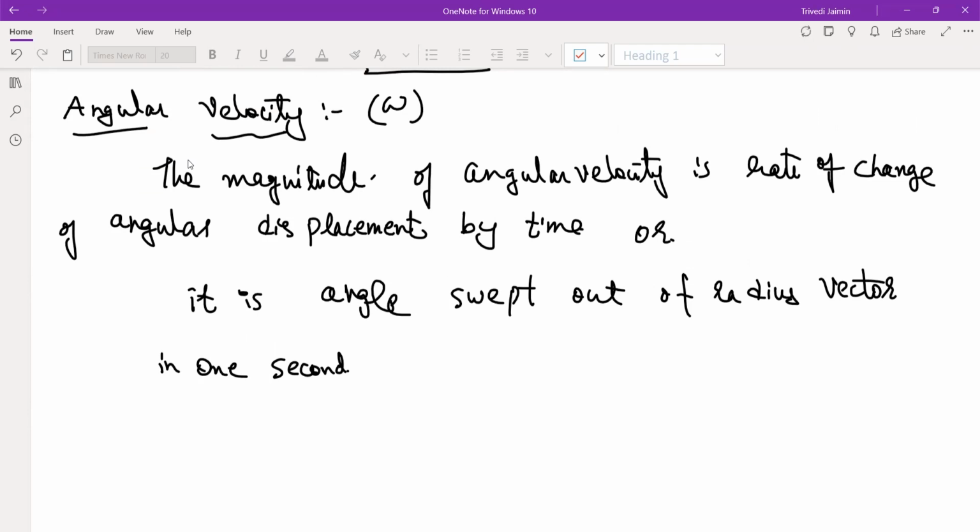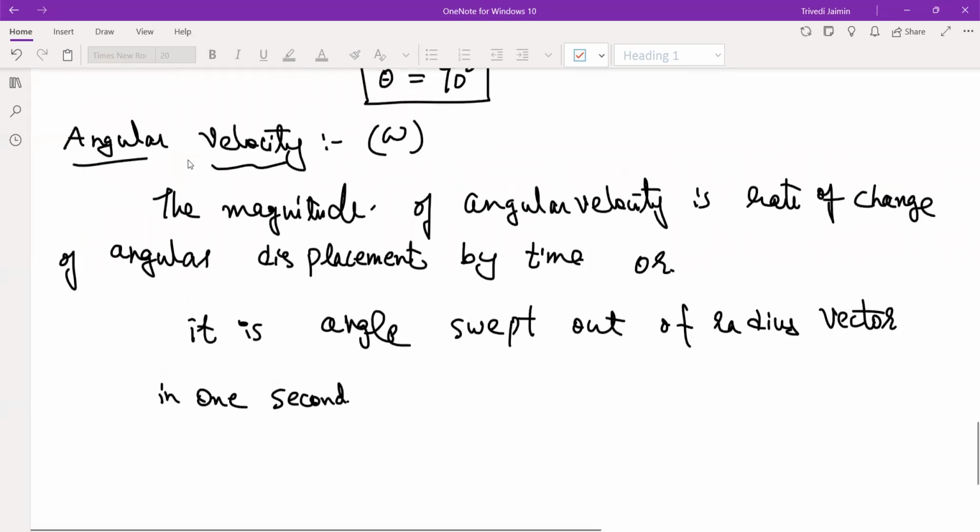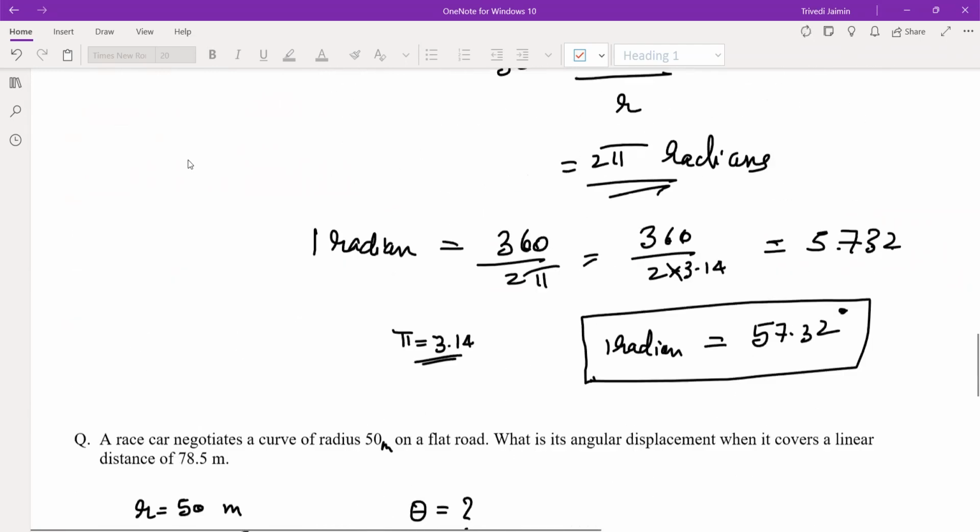So it is the rate of change of displacement by time, or angle swept out of radius vector in 1 second. See that? In 1 second. That means time period. With what? 2 pi. See there we wrote there. What is our 2 pi?